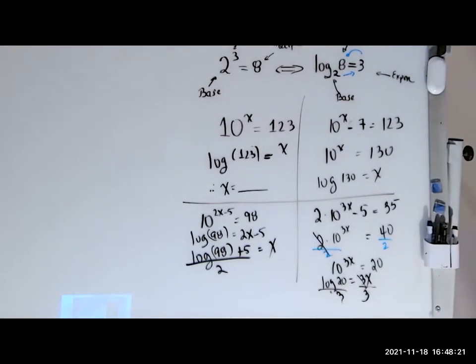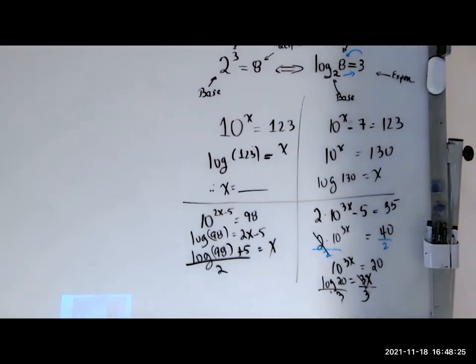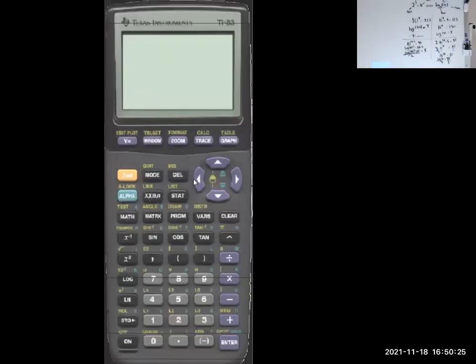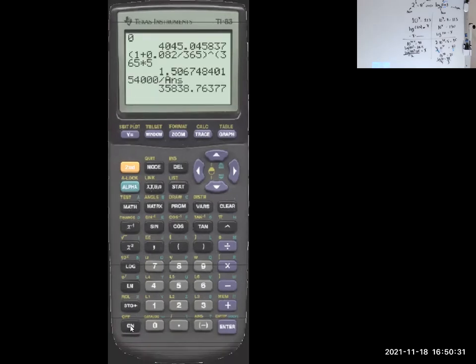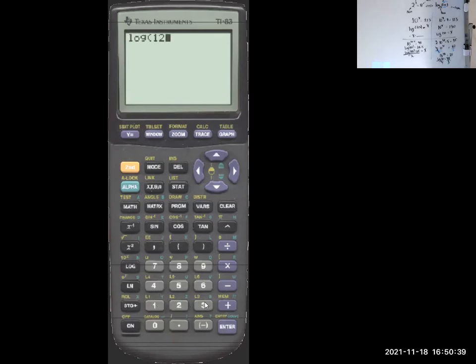Okay, so let's go ahead and check these numbers in the calculator just to have an idea. So let's go ahead and try those numbers. I believe you should be able to see the calculator now. So the first one was log of 123. We just simply click log of 123.